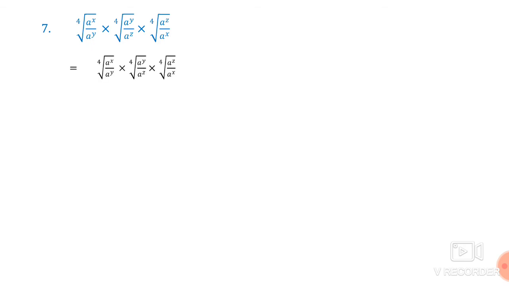Moving to part 7. Rewrite the question first. Okay, here we have the fourth root of a^x upon a^y, fourth root of a^y upon a^z, multiply fourth root of a^z upon a^x.